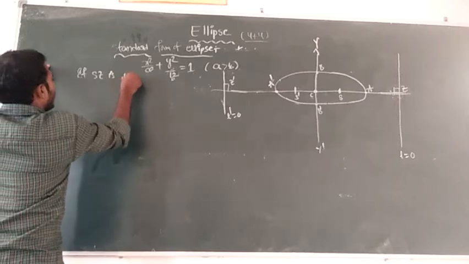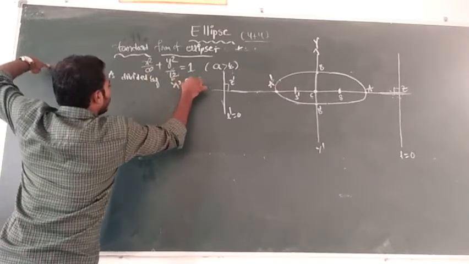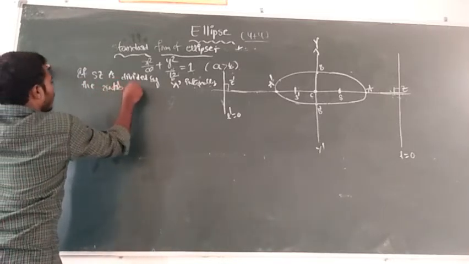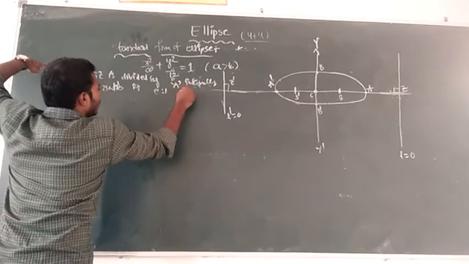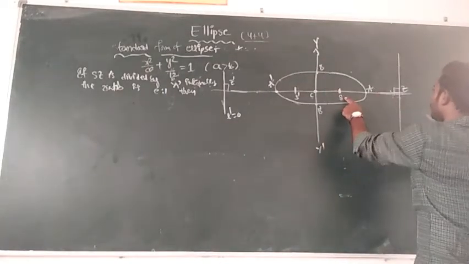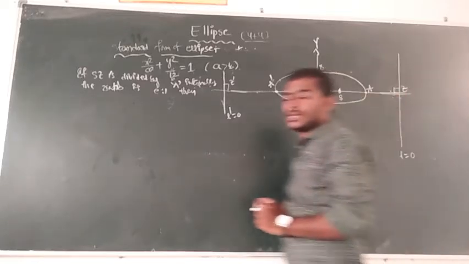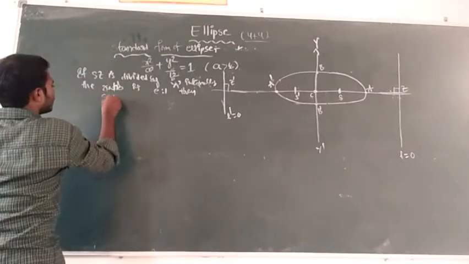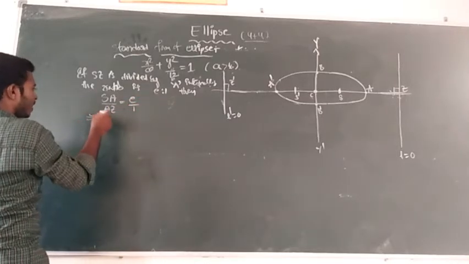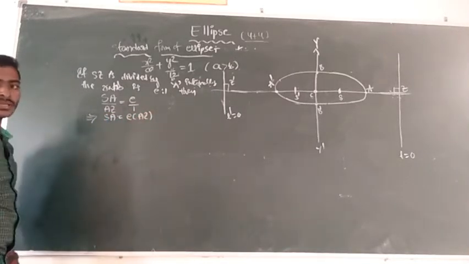Now if SZ is divided by A internally, the ratio is e to 1. That means SA by AZ is equal to e by 1. By cross multiplication, SA equals e into AZ.